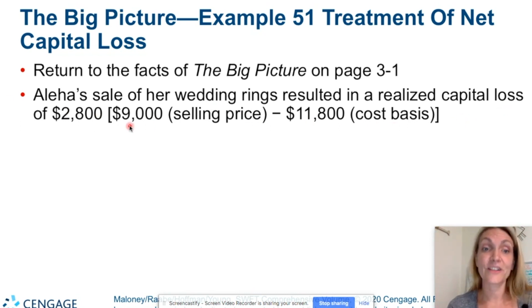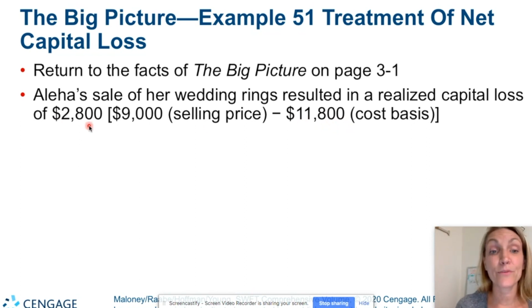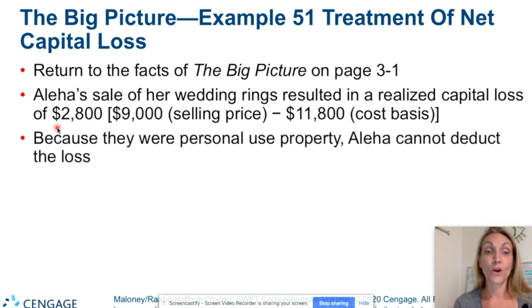So regardless, she had sold the ring for $9,000. That was the amount she realized, minus the cost basis, what they paid for the rings, $11,800. And so that gives us a capital loss of $2,800. So because they were personal use property, A cannot deduct the loss.